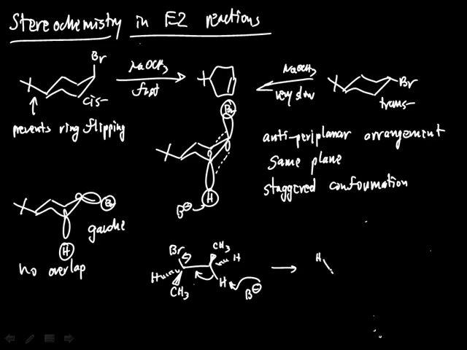So then we would get the cis isomer with two methyl groups on the same side.